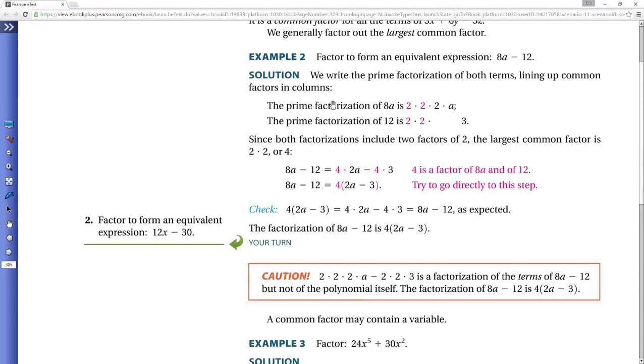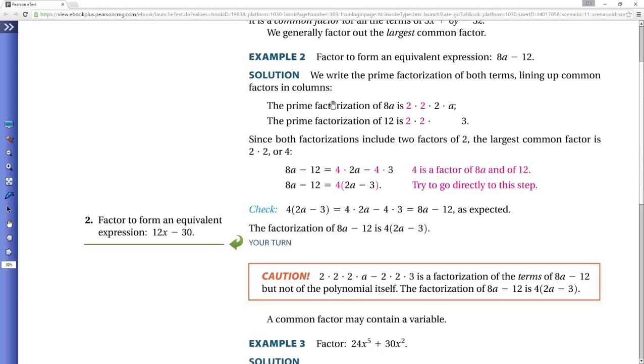Example 2 says factor to form an equivalent expression for 8a minus 12. Now this, I think, is the best way to approach these kinds of problems on a continued basis: if you prime factor every term, you're not going to miss any common factors.